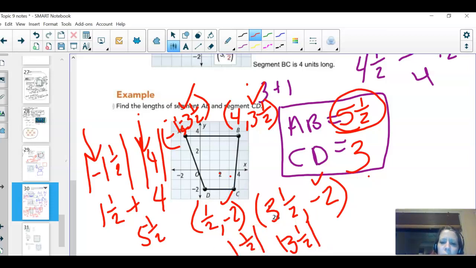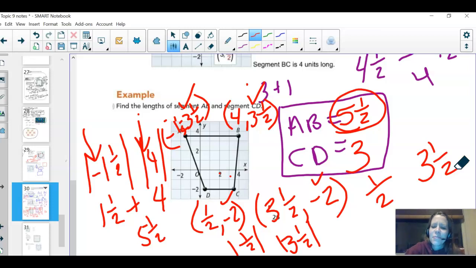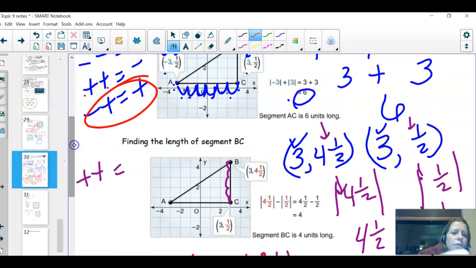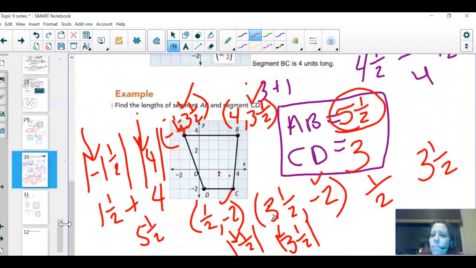That would simply be 1/2 and 3.5. Sorry, I ran out of room. Sorry, yo no tengo más espacio. This is positive, este es positivo, and this is positive, este es positivo, so they're both positive. So I have positive, positive, so I'm going to subtract, but I'm going to flip them because I don't want them to be negative, and I have this.